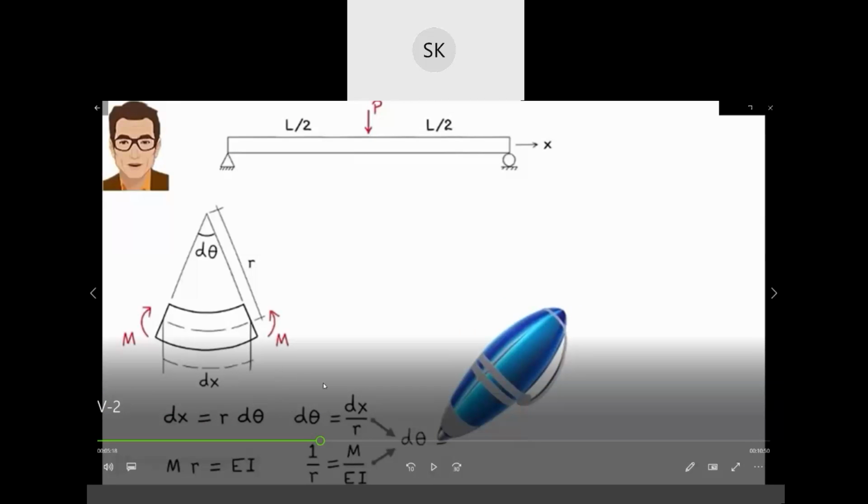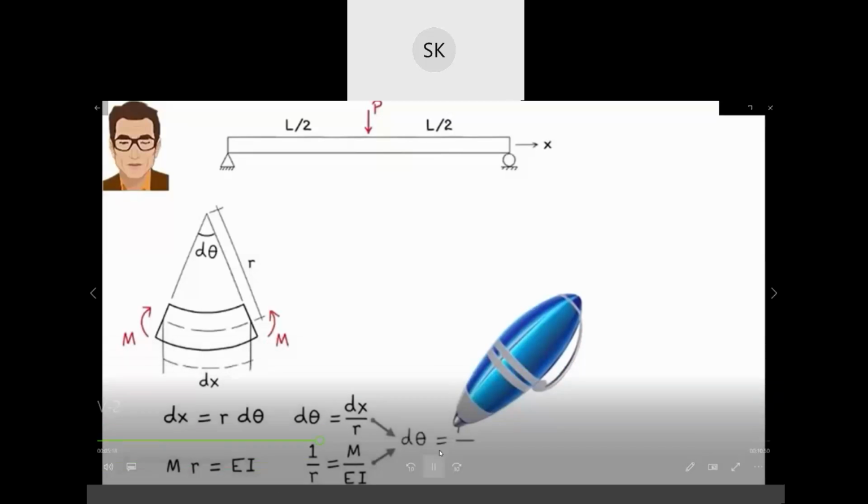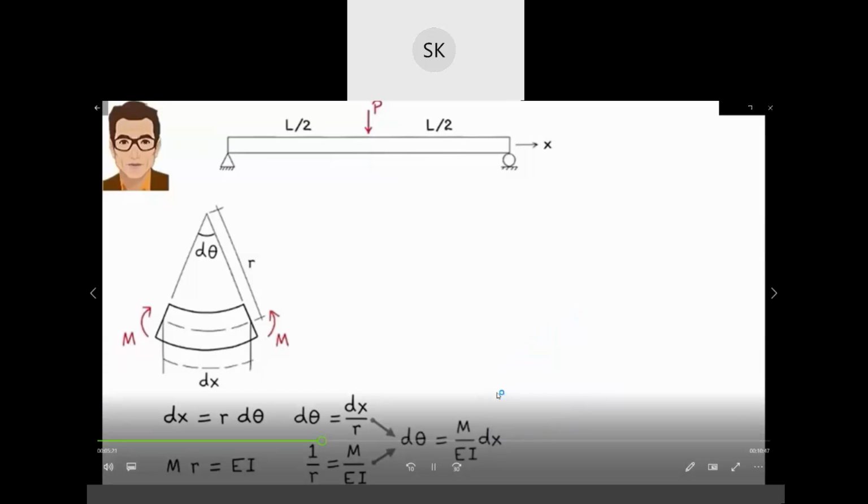We studied in our earlier classes, right? The pure bending moment equation. So this is M by EI equals 1 by r. This r is your radius of curvature. So see, everything is related in the subject. If you are clear with that concept, or they have shown the little derivation of this pure bending equation, d theta equals M over EI dx.